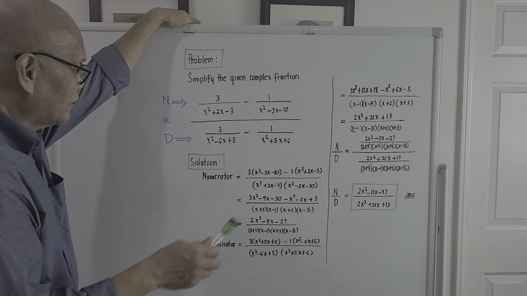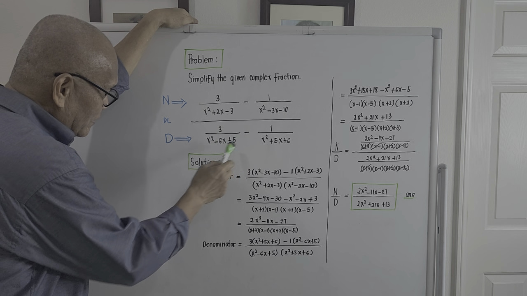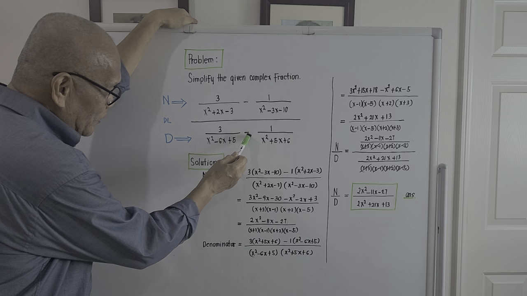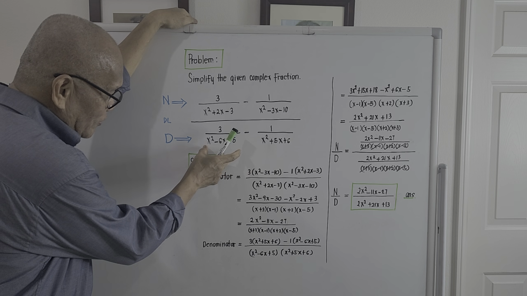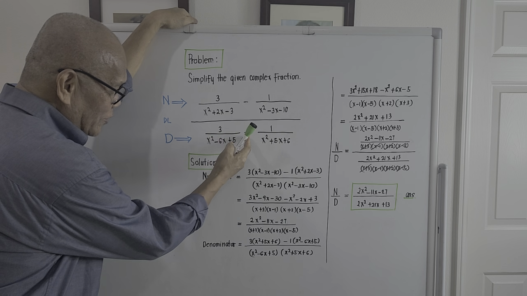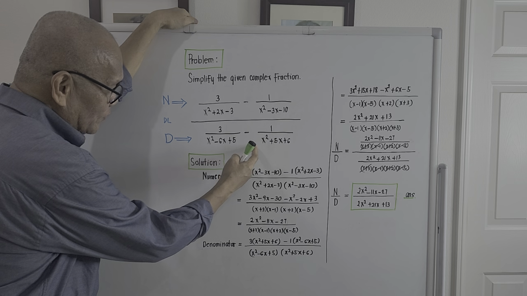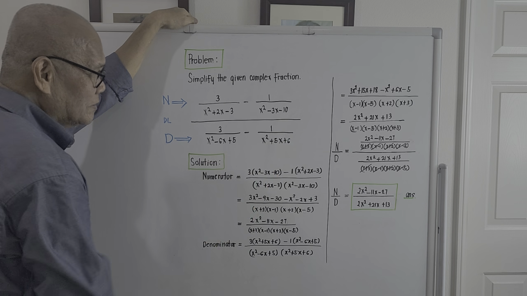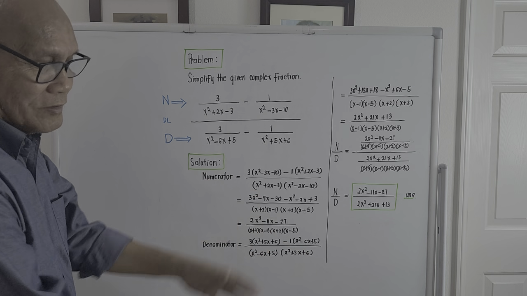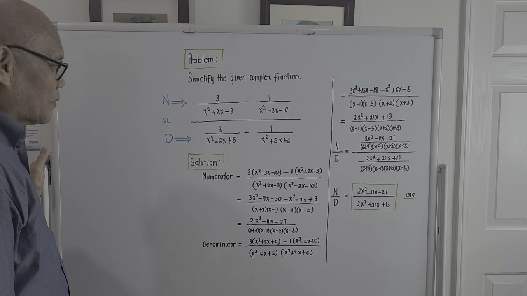And the complete denominator is 3 all over x squared minus 6x plus 5, minus, the operation is minus, this is the first fraction on the denominator, this is the second fraction, and the operation between them is negative, so minus 1 over x squared plus 5x plus 6. The problem is just asking to bring out the simplest simplification. Okay, let's try to bring out the solution.